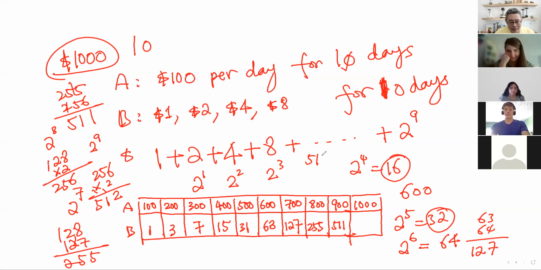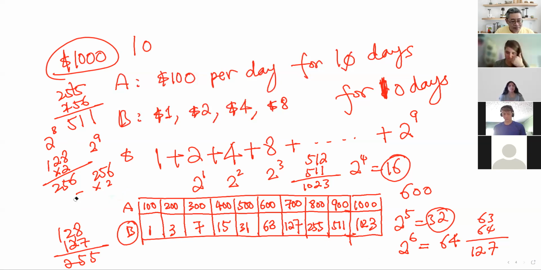So 512 plus 511, we got 1,023. So he had $23 more than the top one. Yeah, good. I see what you mean.